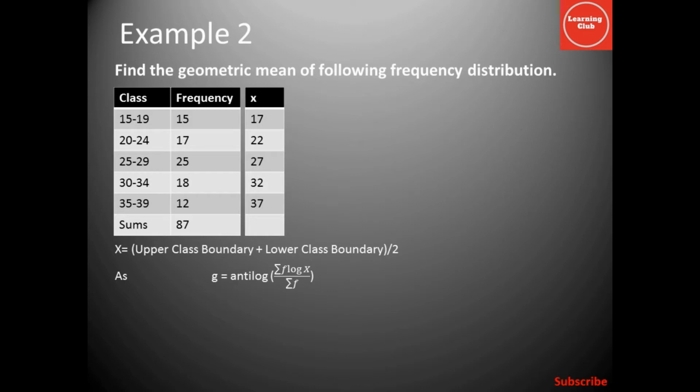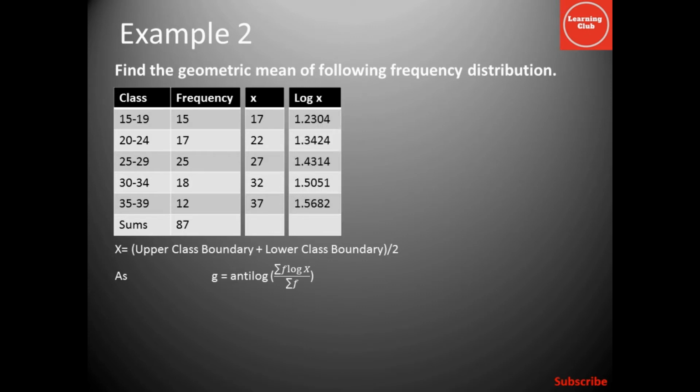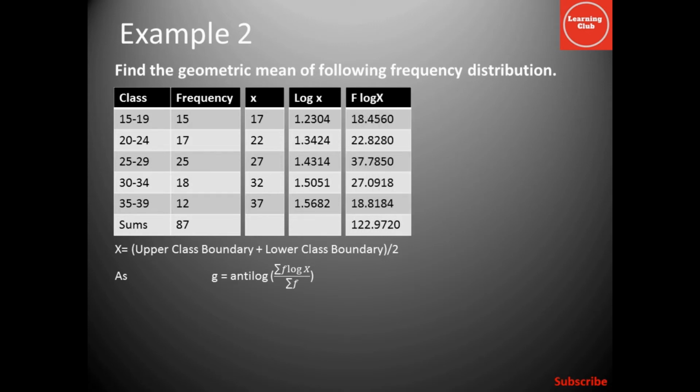So x is equal to 15 plus 19 divided by 2, which is equal to 17. 20 plus 24 divided by 2 is equal to 22, and similarly so on. Then we have to take the log of every value of x. Then we have to multiply log x with each respective frequency.